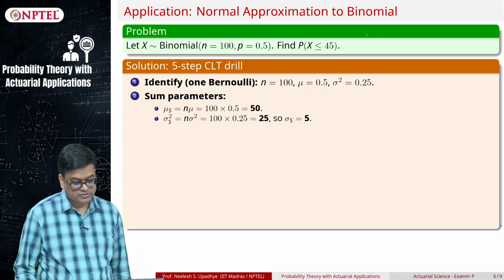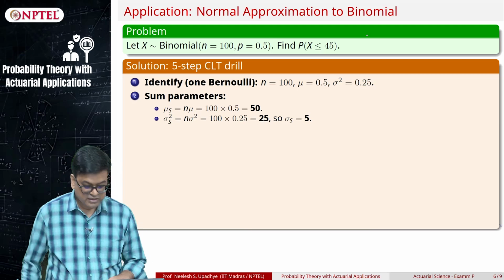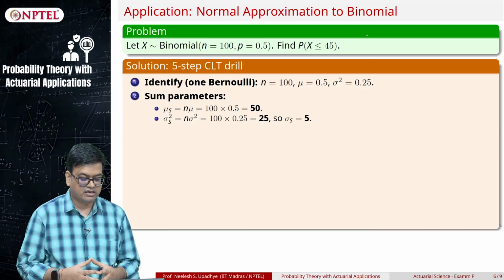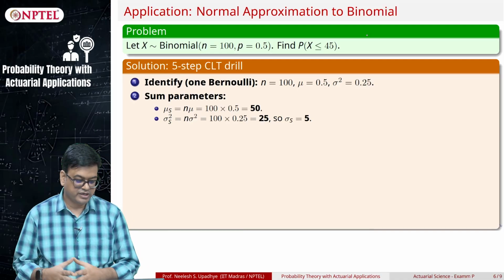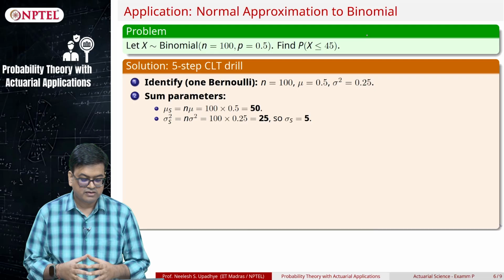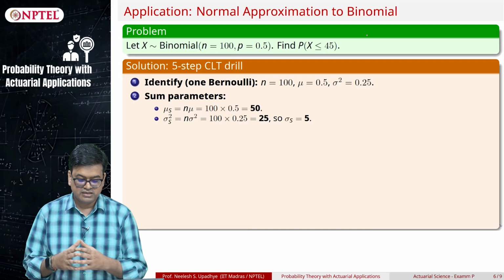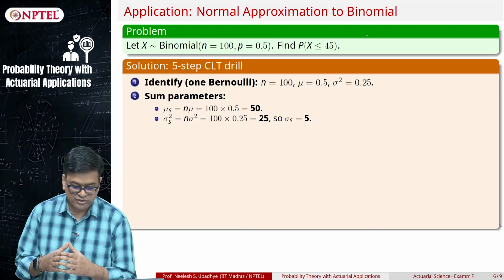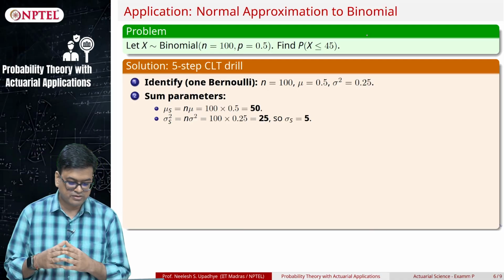Sum problem. So, I have mu s, which is n mu, and that will give me the sum to be equal to 50, sigma s square, which will be n sigma square. So, you just use that 100 times sigma square and it will give me sigma s to be equal to 5.